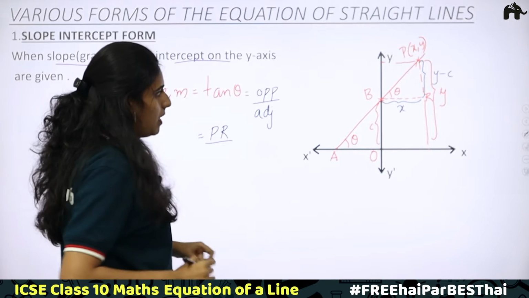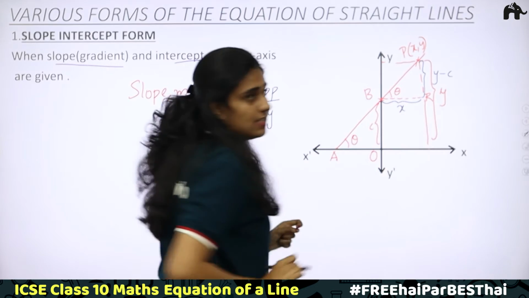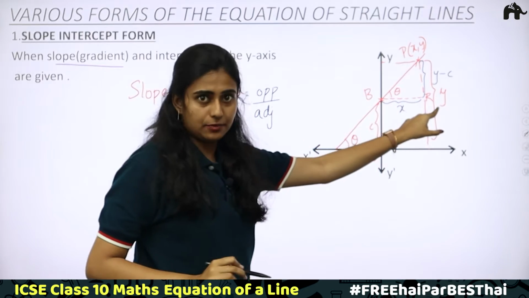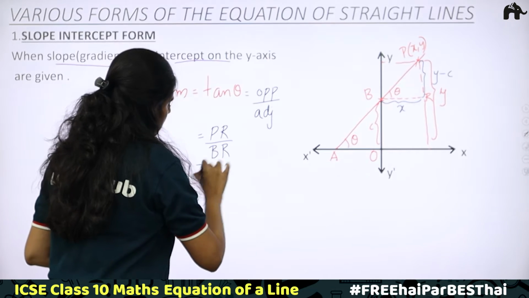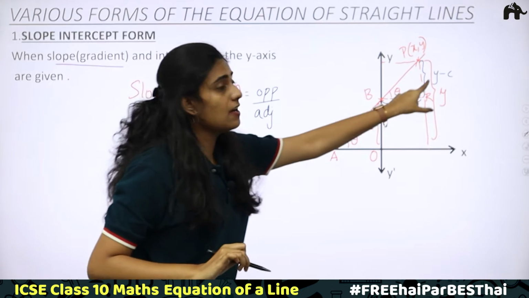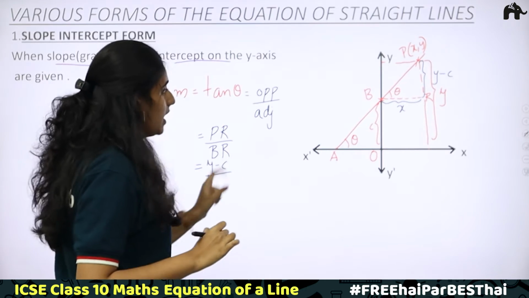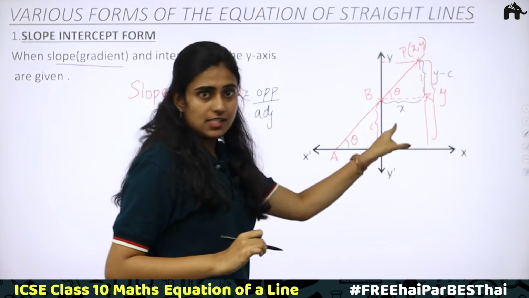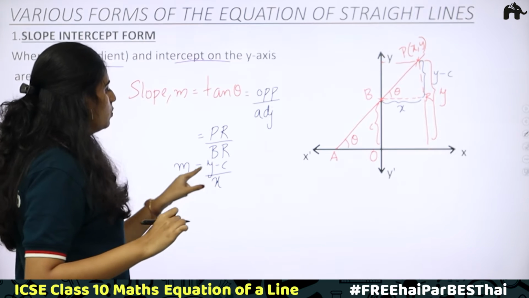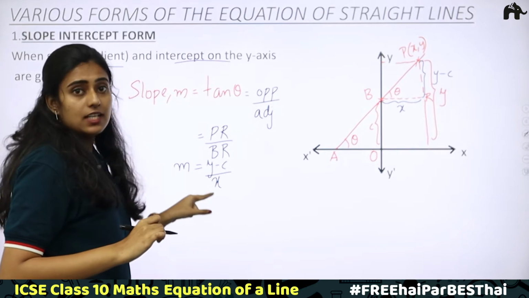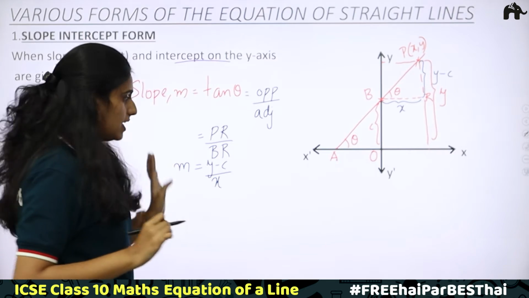Divided by the adjacent side, that is the angle touching side, which is BR. So PR is Y minus C divided by BR, which is X. So we have slope M is equal to Y minus C divided by X. Now I am going to cross multiply this.